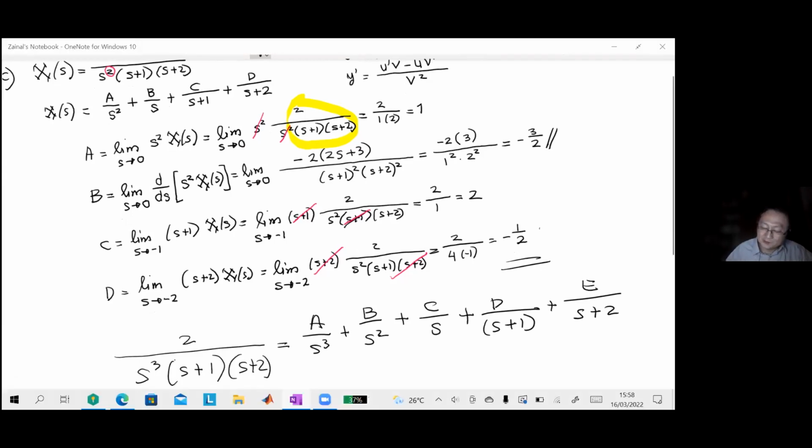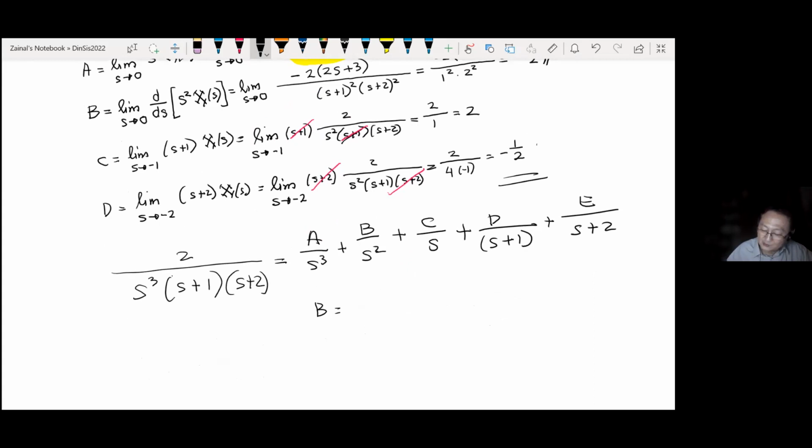So to obtain b, you have to find this one, d over ds. To obtain c, this one is not easy, because you have to derive twice.